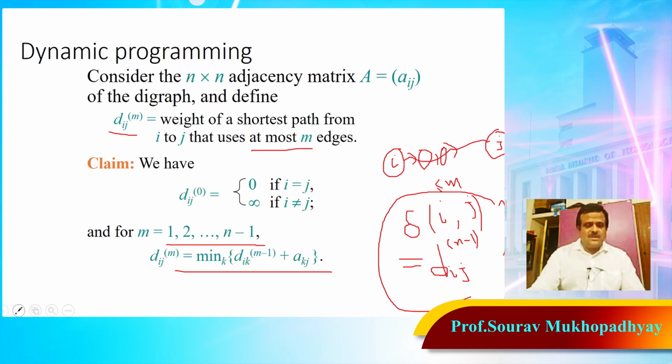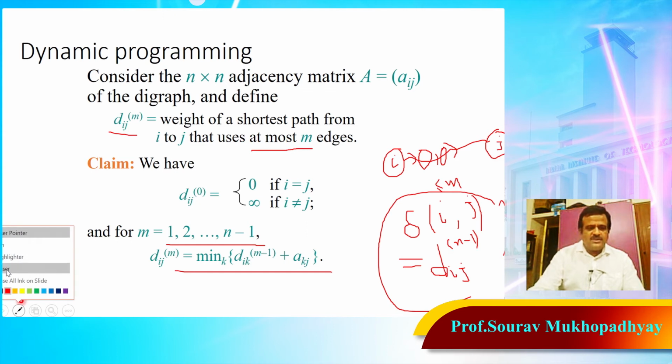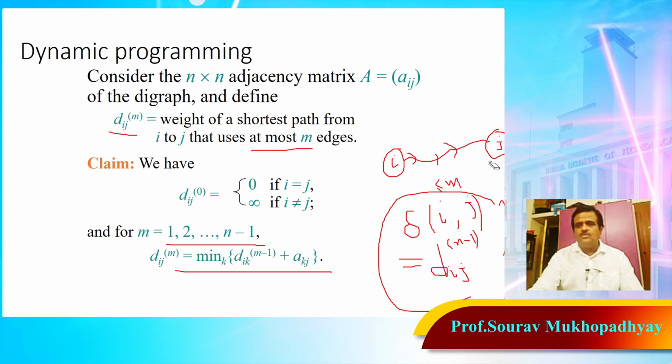Now let us prove this. This is the formula we are going to use. So what is d_ij^(0)? It means we are at i and we have to go to j without using any edge.